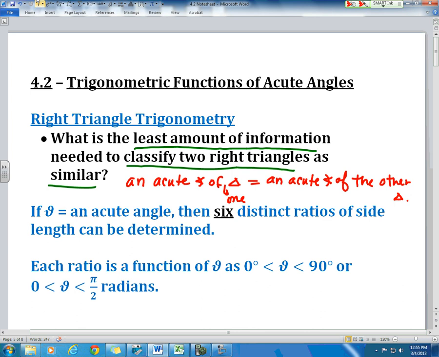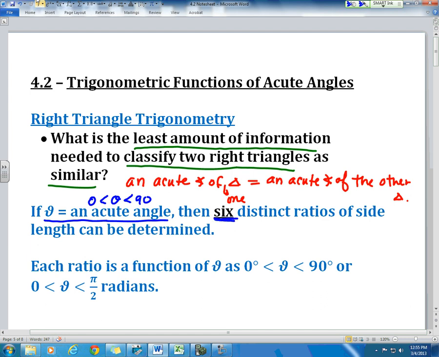So if we know theta is an acute angle, remember, an acute angle is an angle between 0 and 90 degrees. Then there are 6 distinct trig ratios of side length that can be determined.